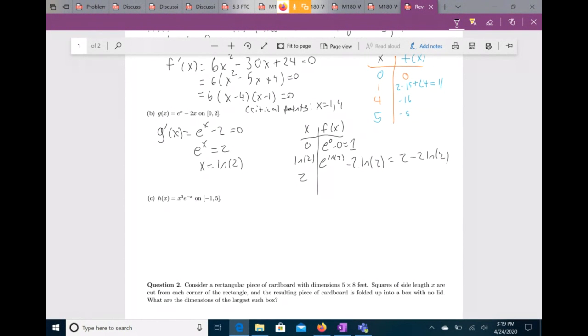The derivative term is 2x, hence the 2 times ln 2. Okay, if I plug in 2, I get e squared minus 4.